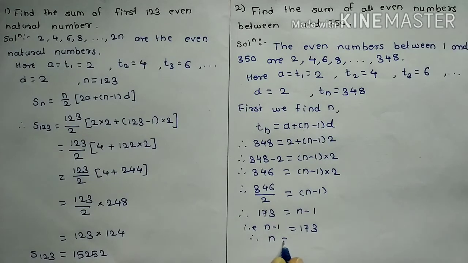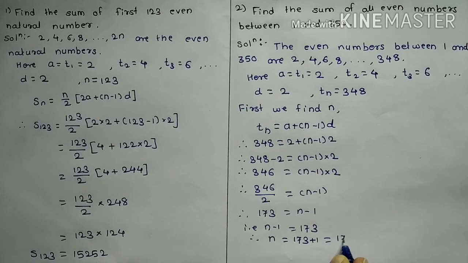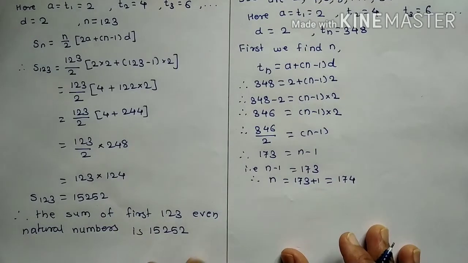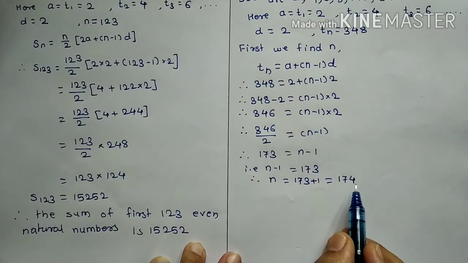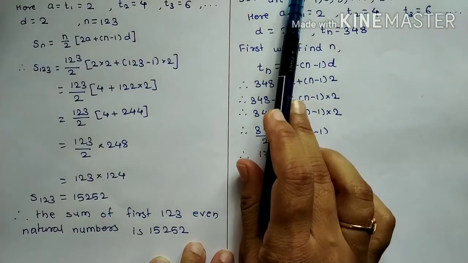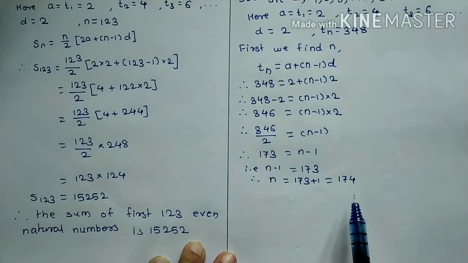Therefore n equal to 173 plus 1, that is equal to 174. Therefore value of n is 174. That means the even numbers between 1 and 350 are 174.